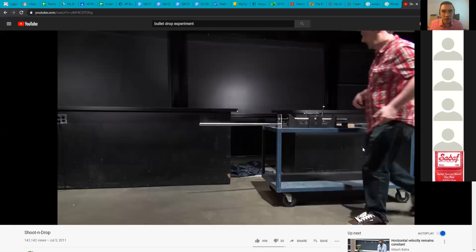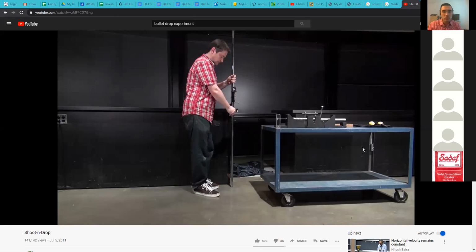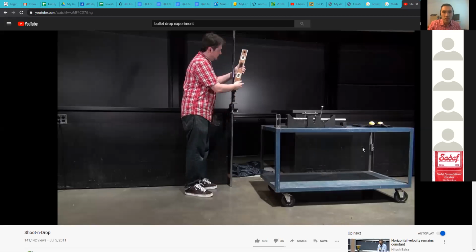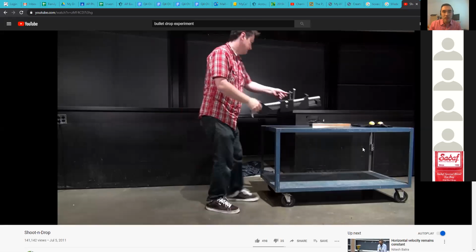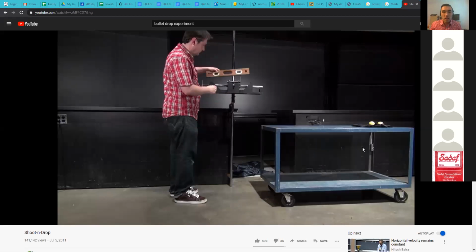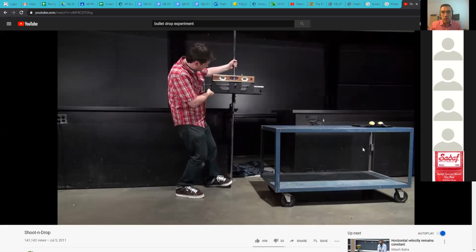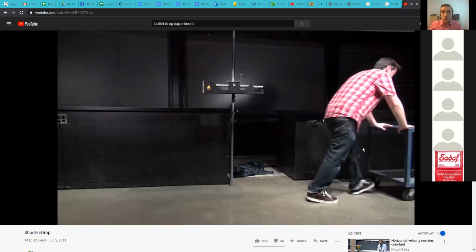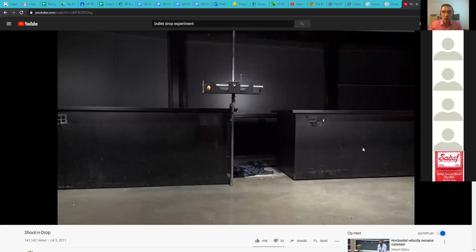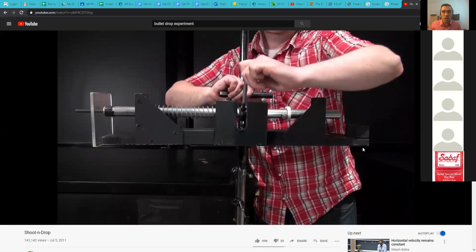So what we're looking at here is this guy, who gets paid more money than I do, setting up these labs and lab demonstrations because he's got that sweet, sweet Harvard endowment money. And he is setting up a device which is literally designed to do a perfect bullet drop every time. It's a spring-loaded shooter. He's making sure that it's level, it's perfectly parallel to the ground so that it works properly. And it's using mechanisms to make sure that both of the balls are fired simultaneously.